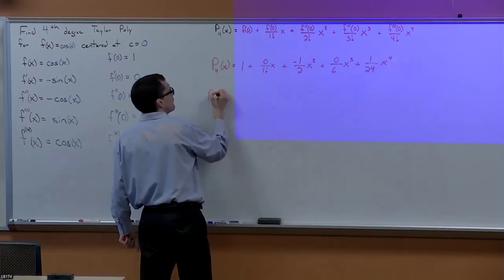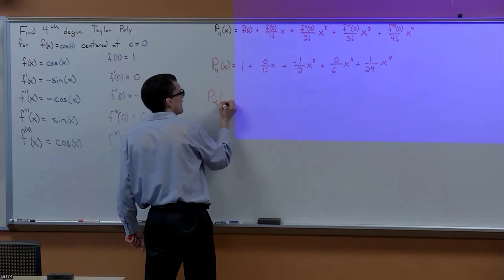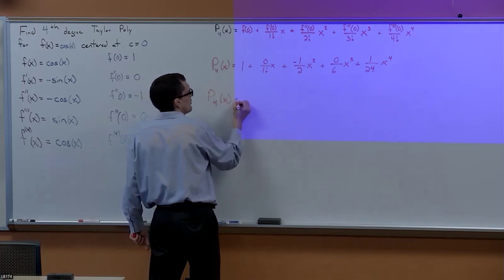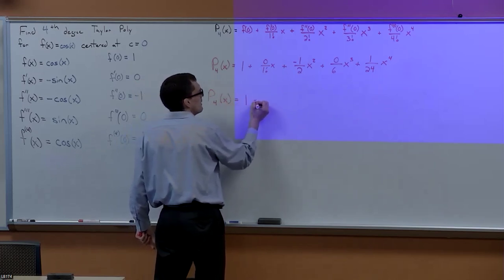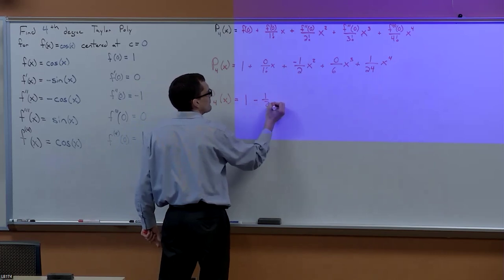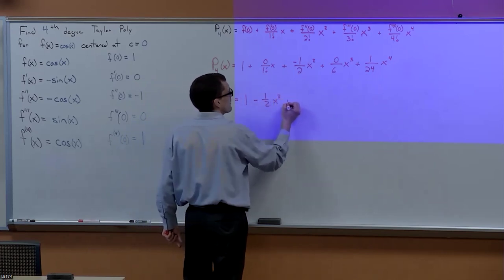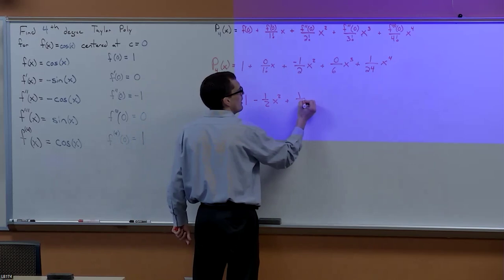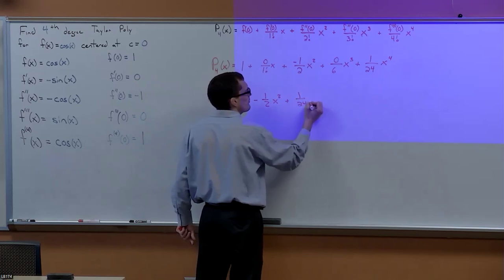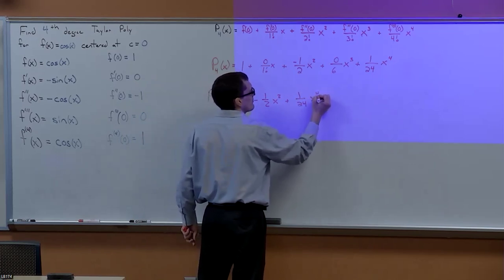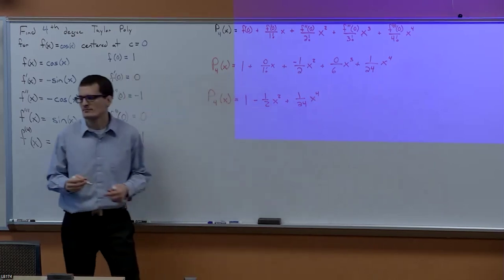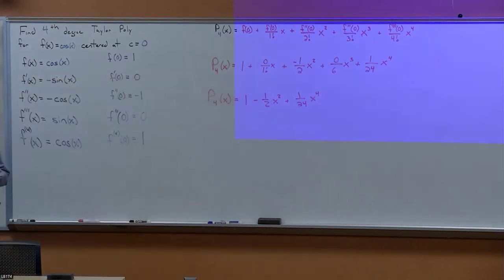Notice what that fourth degree polynomial is. It's going to be 1 minus 1/2 x squared plus 1/24 x to the fourth. And that's a pretty easy polynomial to deal with and approximate with.